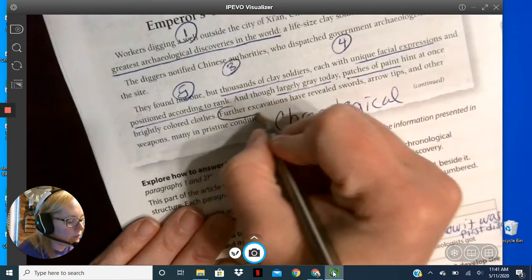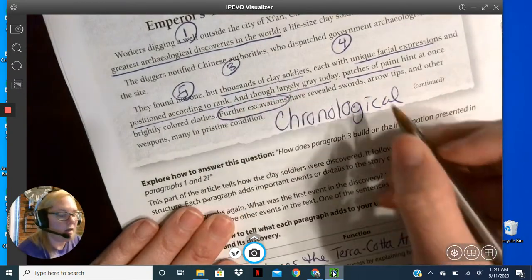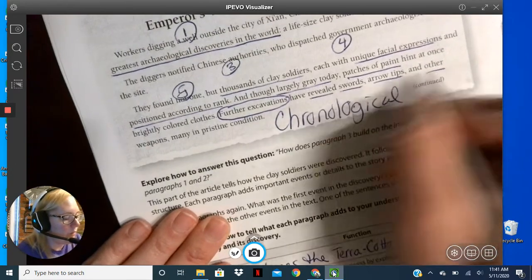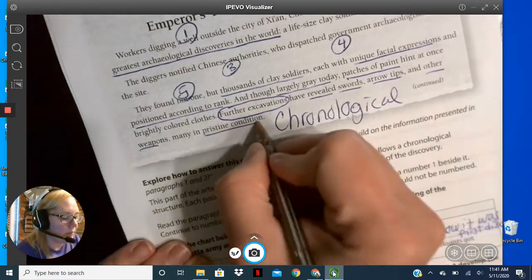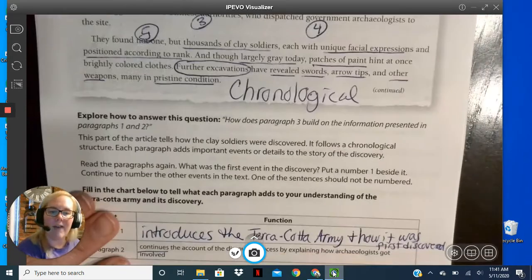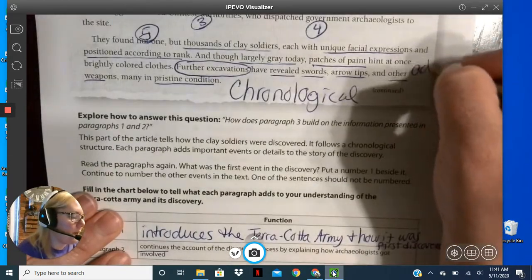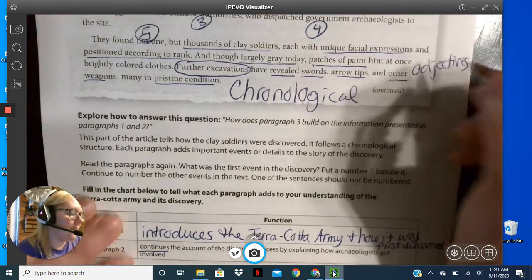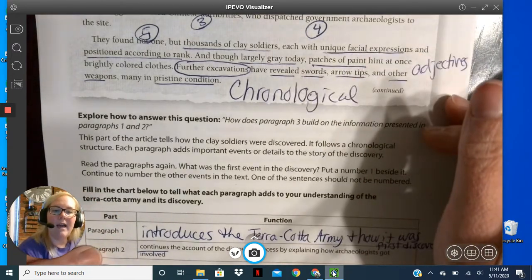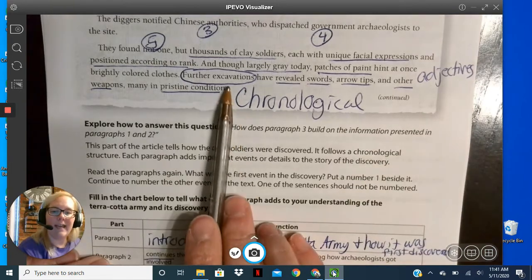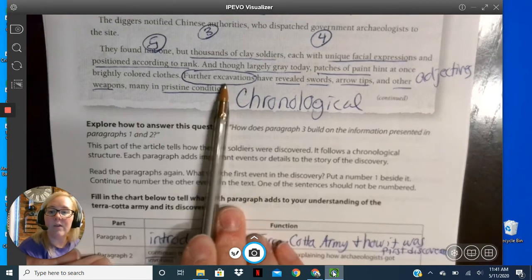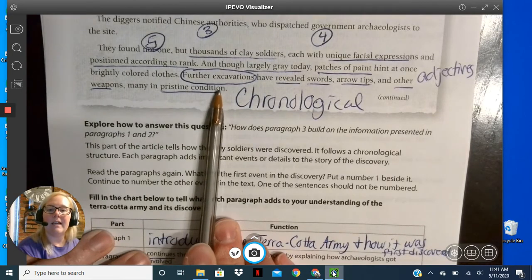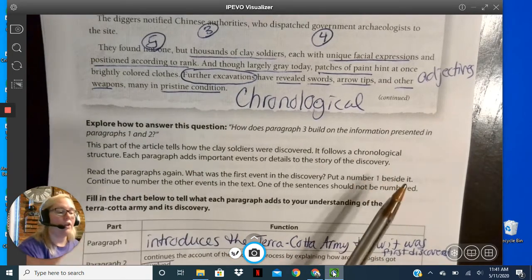They talk about how there's further excavations and that they revealed swords, arrow tips, other weapons, and then it talks about pristine condition. So I'm seeing a lot of adjectives here. And when I see a lot of adjectives, I think that that's telling me that this is really describing. And it also is showing me that they even did more excavations and found even more. And so that tells me that it seems like it was important enough to keep on looking for things.